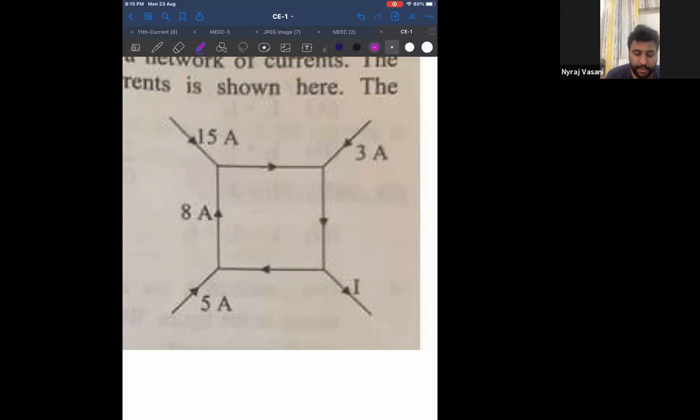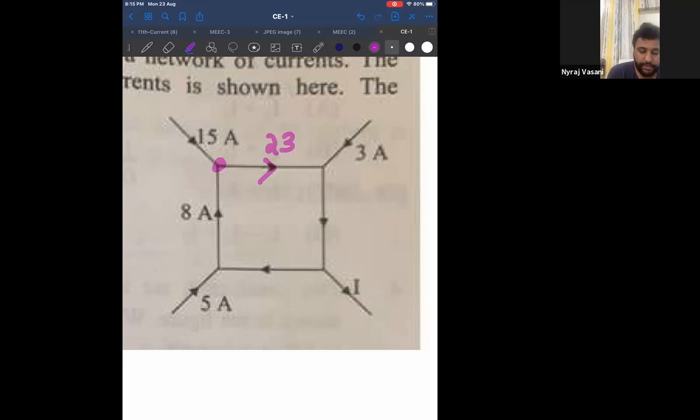So total current entering this particular node is 15 plus 8. Why 15 plus 8? Because 15 is entering, and 8 is also entering this particular node. Therefore, 15 plus 8 is 23. Therefore, can I say current leaving will be 23? That is the first thing you're supposed to get.